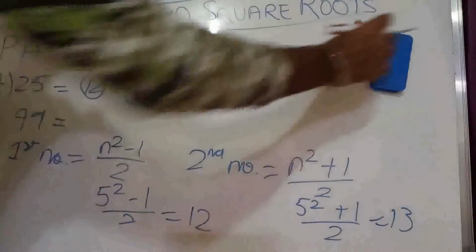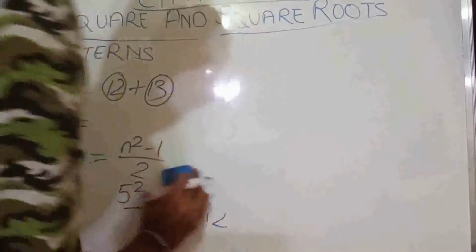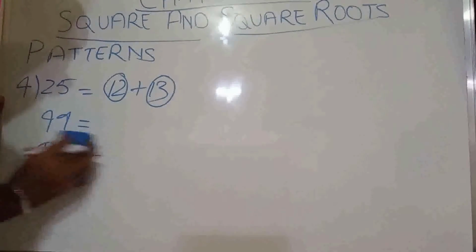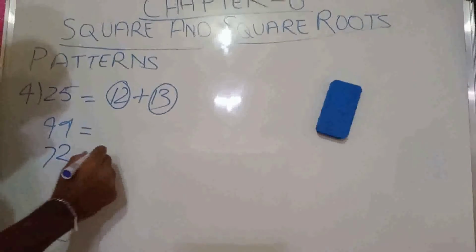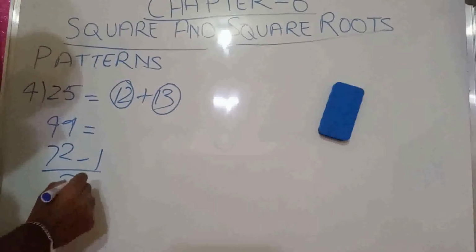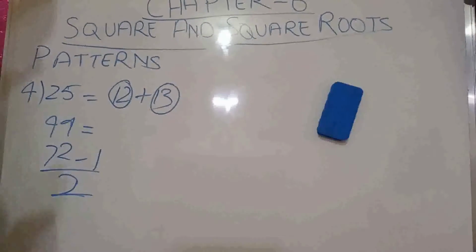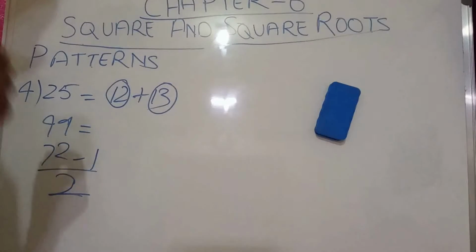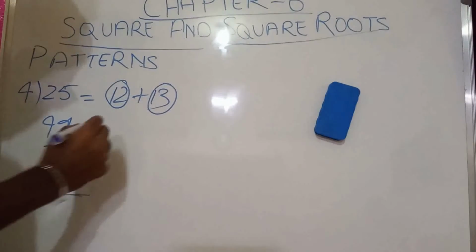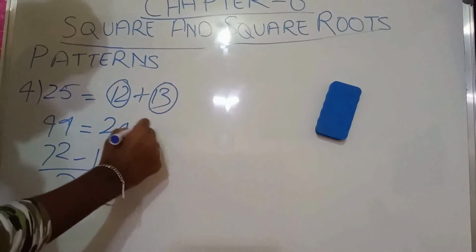Now we will do the same thing for 49. So 49 is 7 square, as we know. The first number will be (7 square minus 1) by 2. That is 7 square is 49 minus 1 is 48, and 48 by 2 is 24.